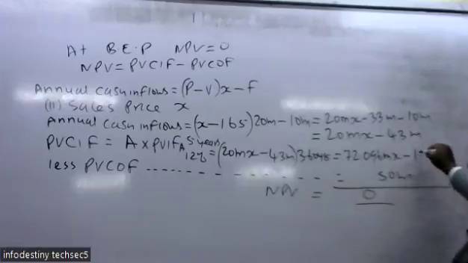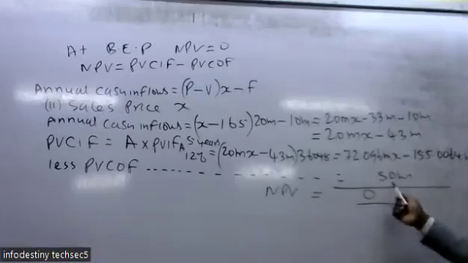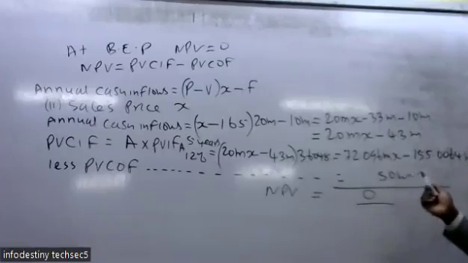155.00 like that. So this 50 million is remaining, it is not changed, so that NPV is equal to 0.